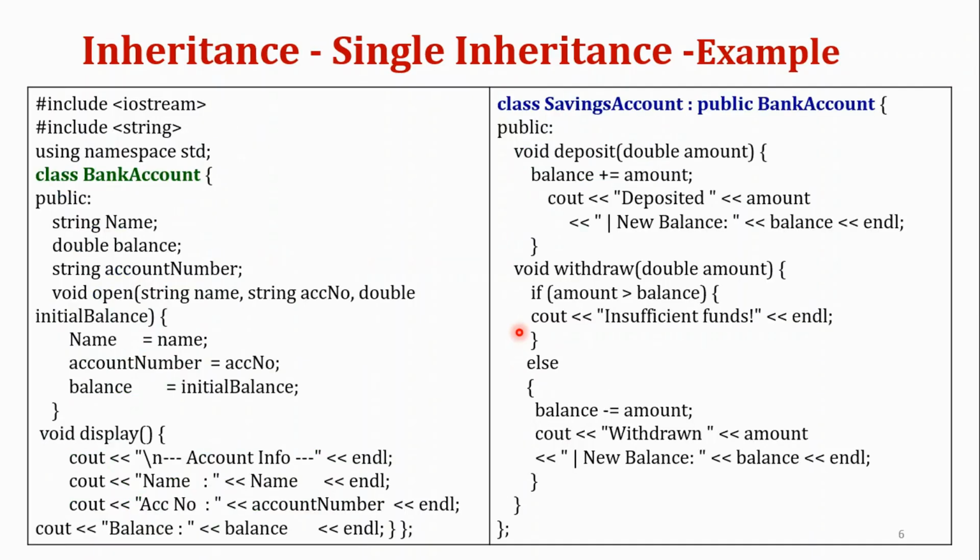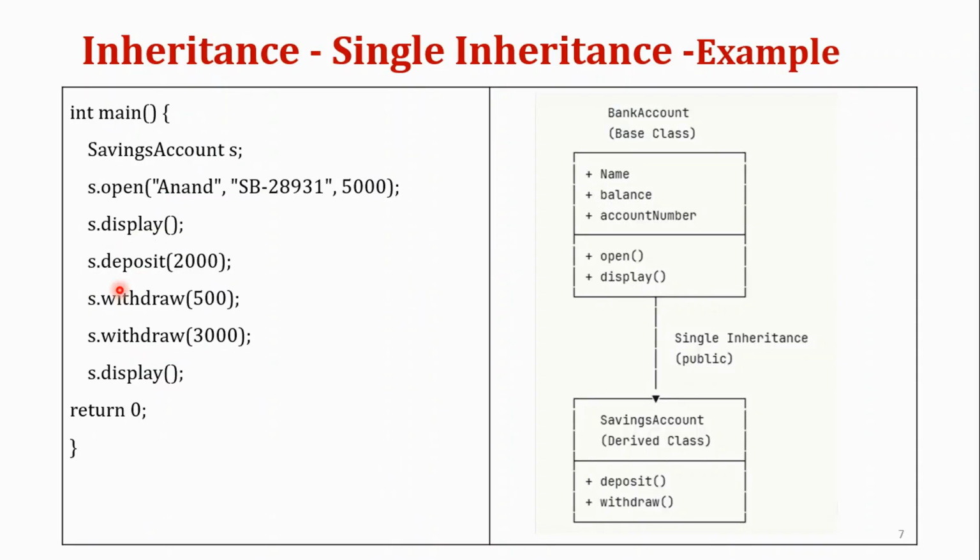This is another real world application using banking. Here I'm not explaining what is inside the functions and the member data, I'll explain the overview. The base class name is BankAccount and I'm inheriting it into SavingsAccount in public mode. The base class has attributes name, balance and account number, and two functions, open and display.